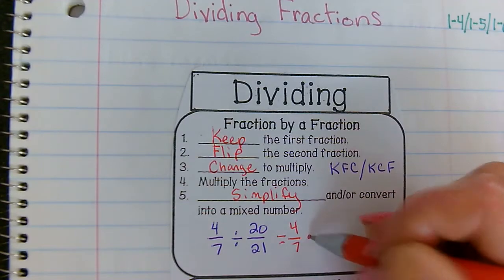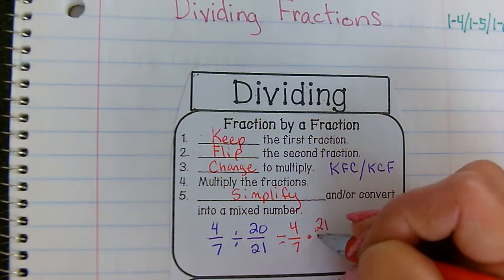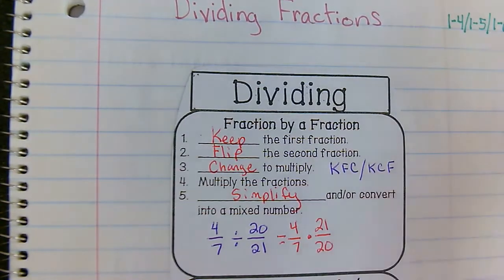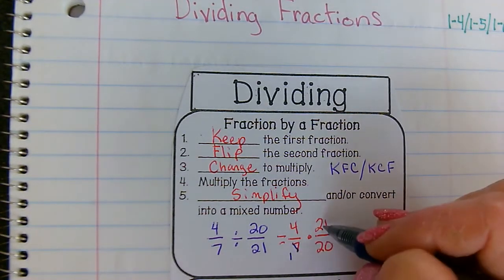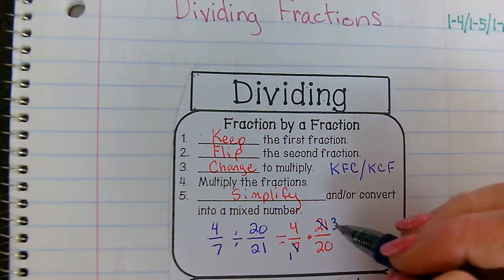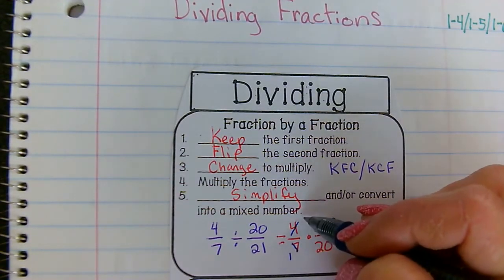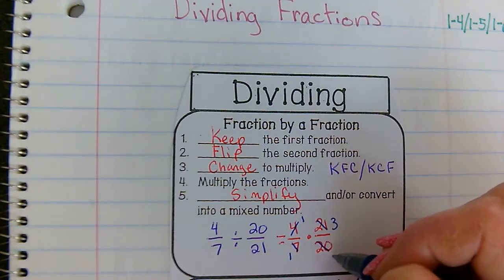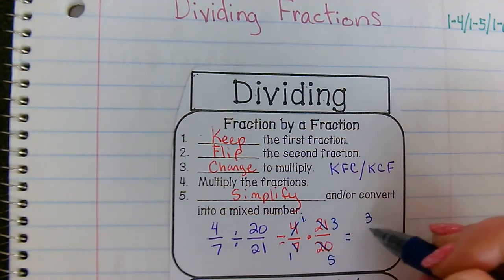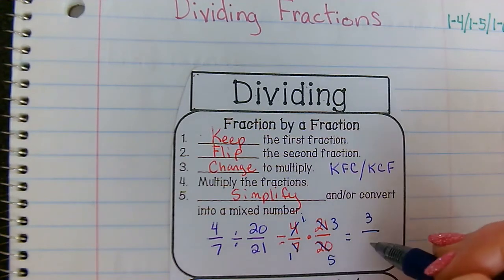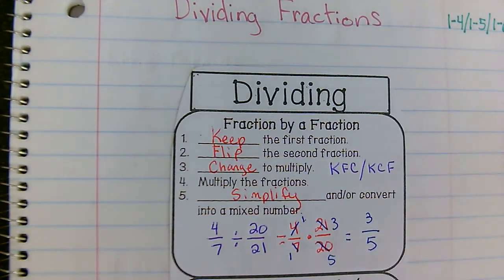Change this to multiplication and flip the second number. Now you can cross simplify here, and that's what I'm going to do, because 7 goes into itself once and into 21 3 times. And 4 goes into itself once and into 20 5 times. Now when I multiply across, 1 times 3 is 3. Fraction bar, 1 times 5 is 5, and I have my final answer.